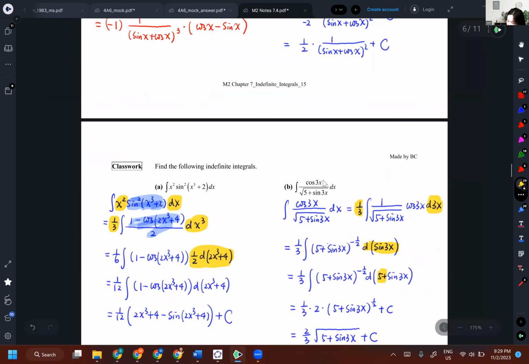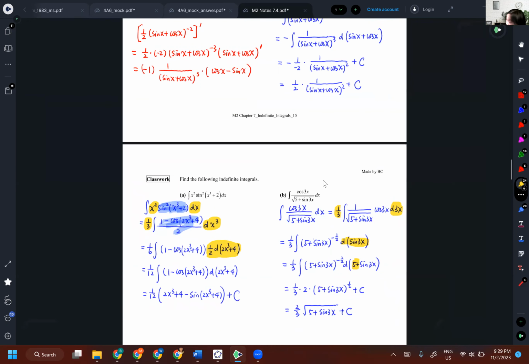I think with the integration, 3 new formulas added, and then you will use it to integrate some of the functions. So I don't know if it's easy or not, but at this stage, I should call them easy.